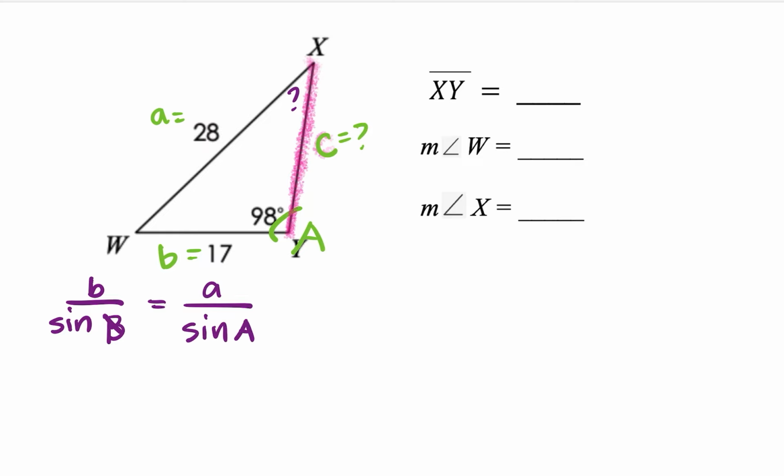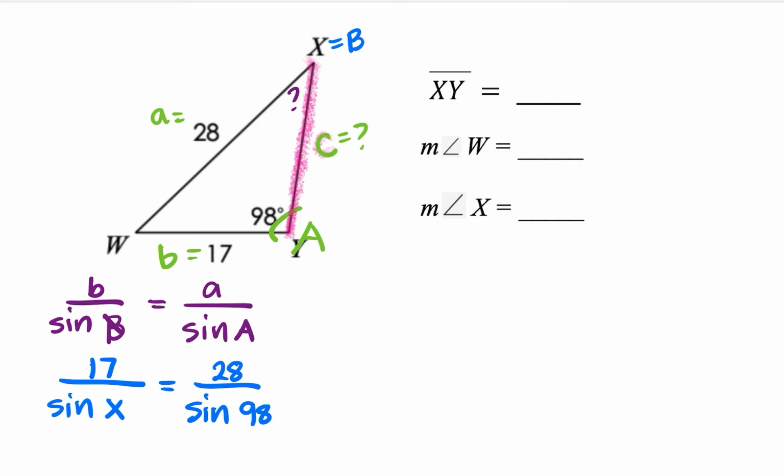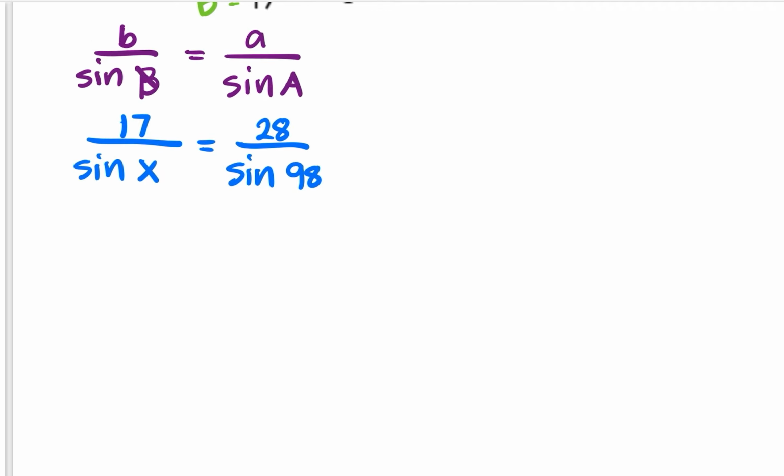Let's substitute. So B is 17, side B, sine B, which is this right here. I made that my big B, so that is X, and I'm trying to find X equals, A is 28 over sine 98. Let's cross multiply.